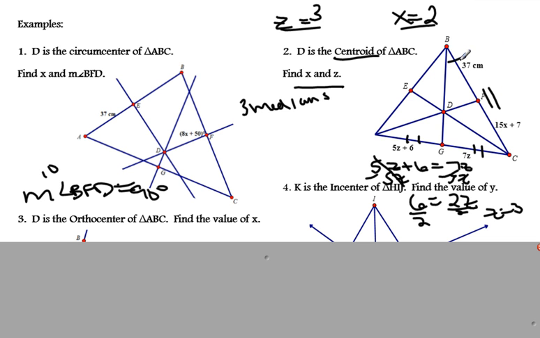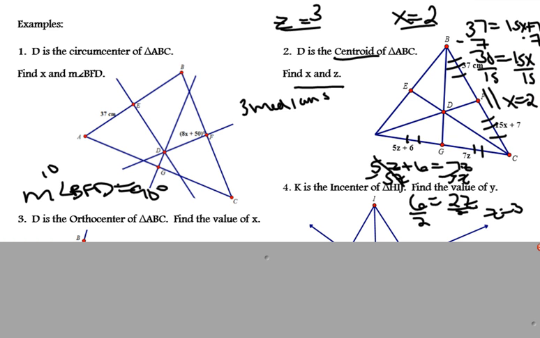Here I do the same thing. These are medians, so this is congruent to this. BF is congruent to FC. So 37 equals 15x plus 7. I'm going to subtract 7 from both sides. So I get 30 equals 15x. Divide by 15. I get x is 2.